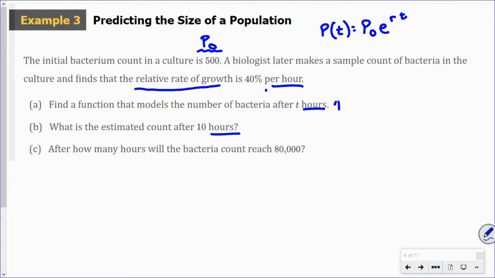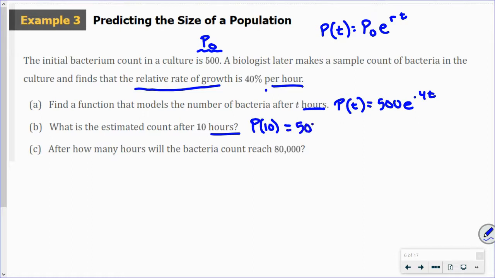So we have P of t equals 500. That's what we started with. e to the r, which is 0.4 times t. Okay, so there's our equation. What is the estimated count after 10 hours? So I want to know what is P of 10. And again, these match. My rate was in hours. My time here is going to be in hours.